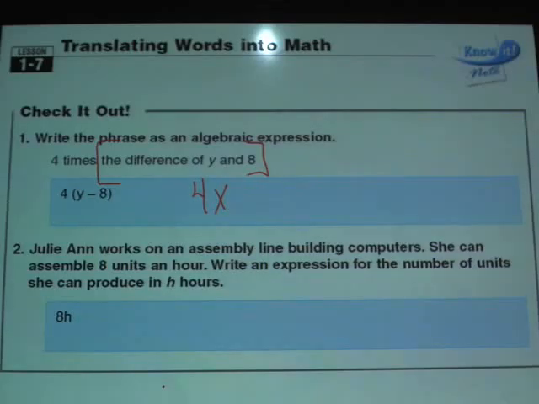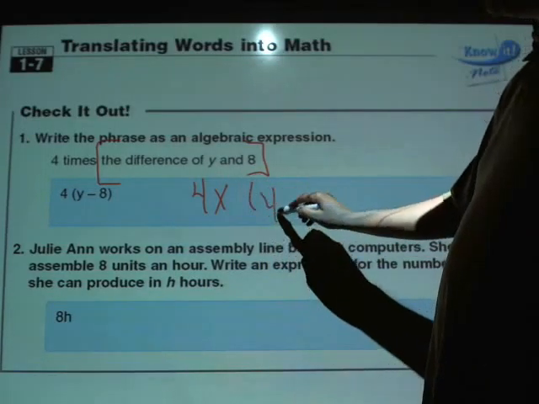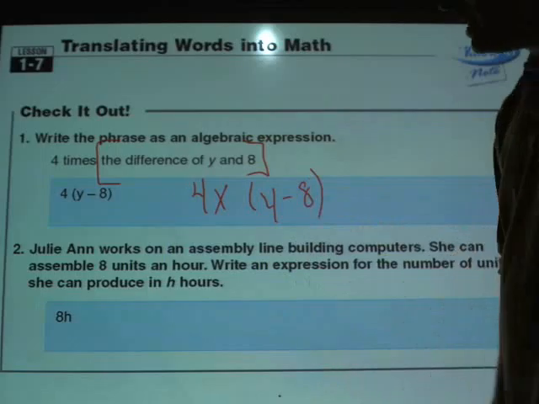Well, that's kind of its own little problem. Difference, if we look back in that red list of keywords from the first slide, means subtraction. So it's a subtraction problem that involves y and 8. Well, that's pretty easy. Y minus 8. But remember, we're going to take 4 and multiply it by y minus 8.